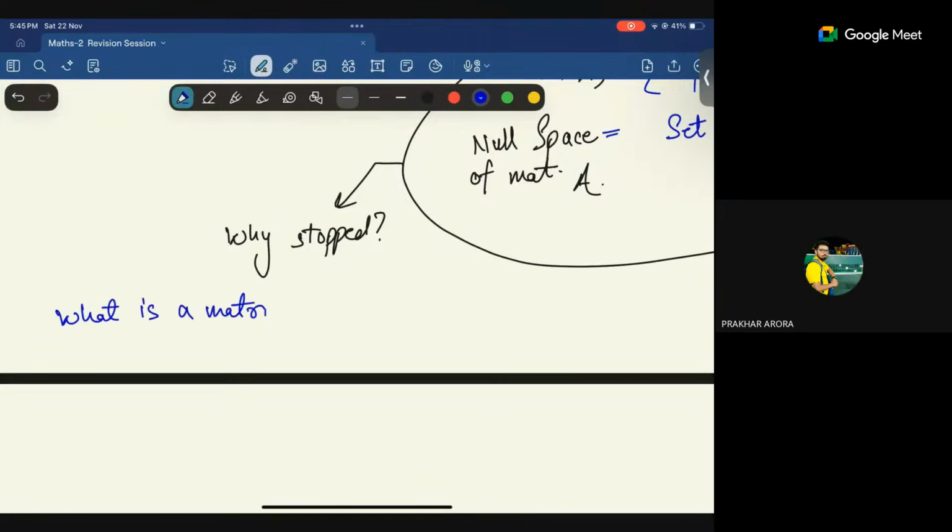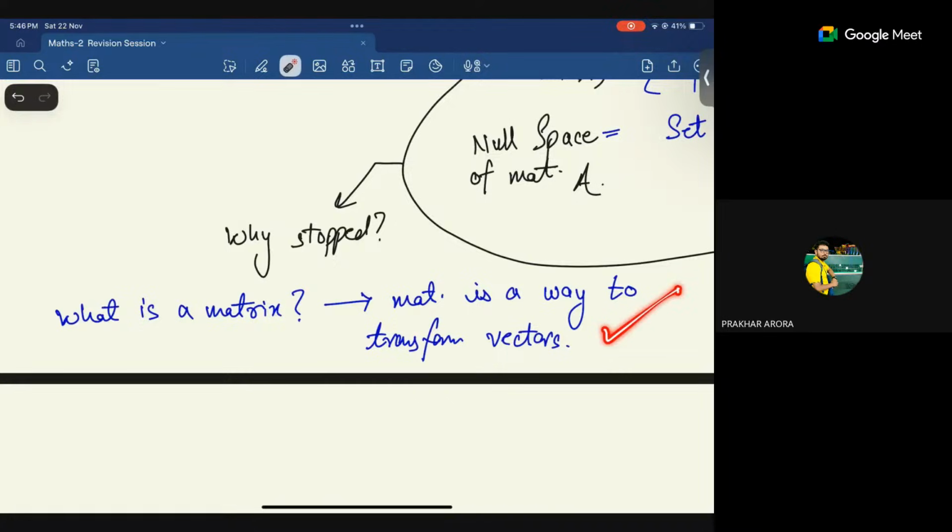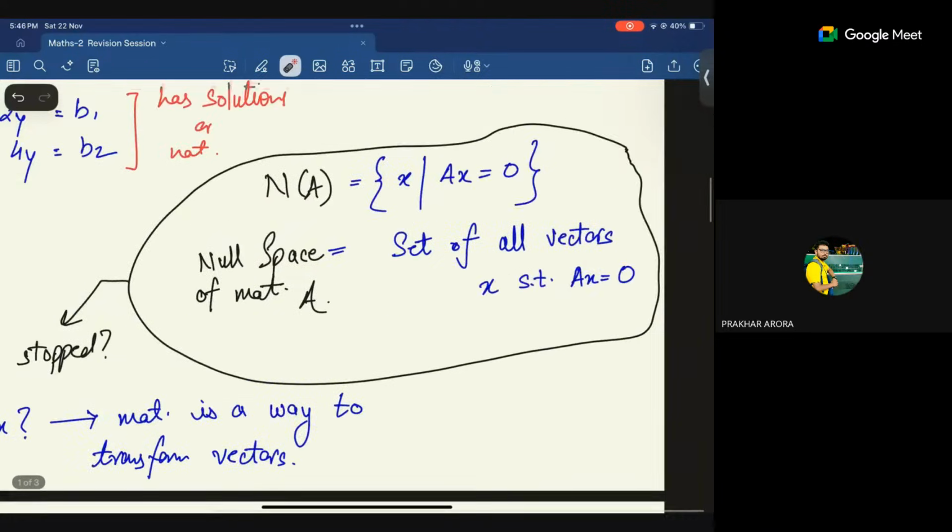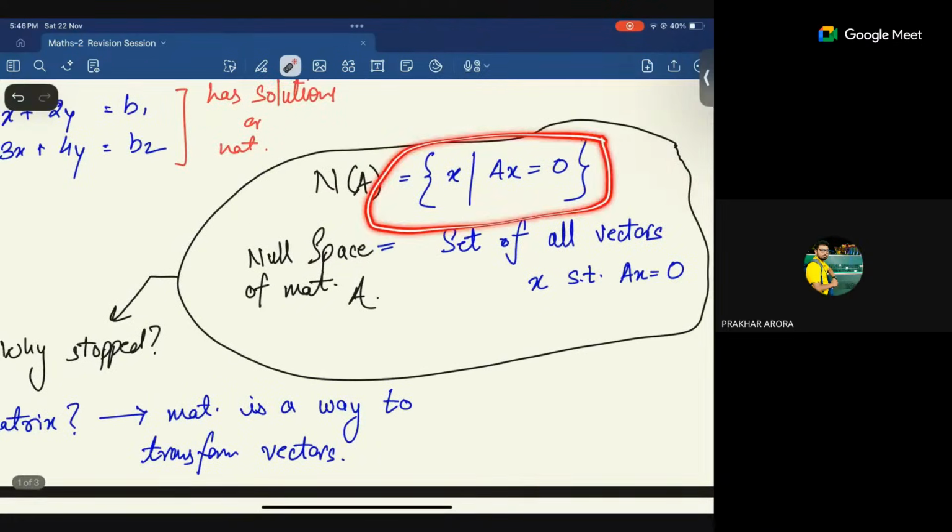I needed you all to understand that a matrix is a way to transform vectors. Once this definition is clear, null space is extremely simple, just a 2 minute thing.